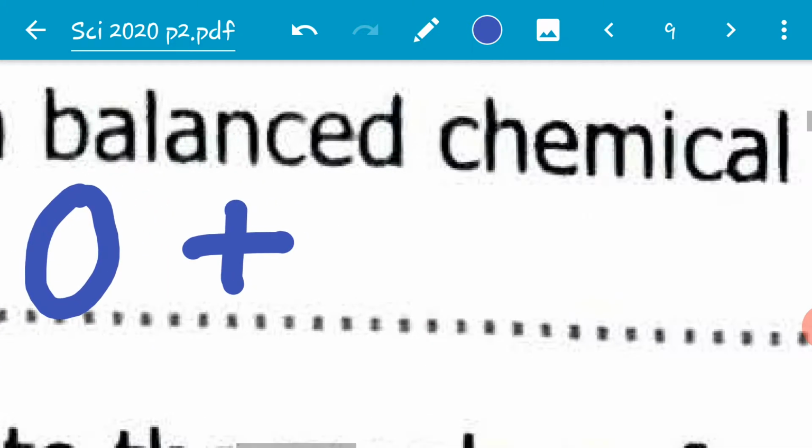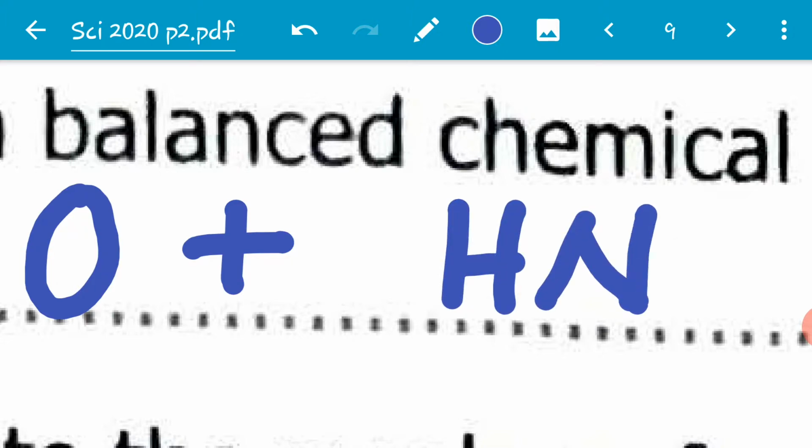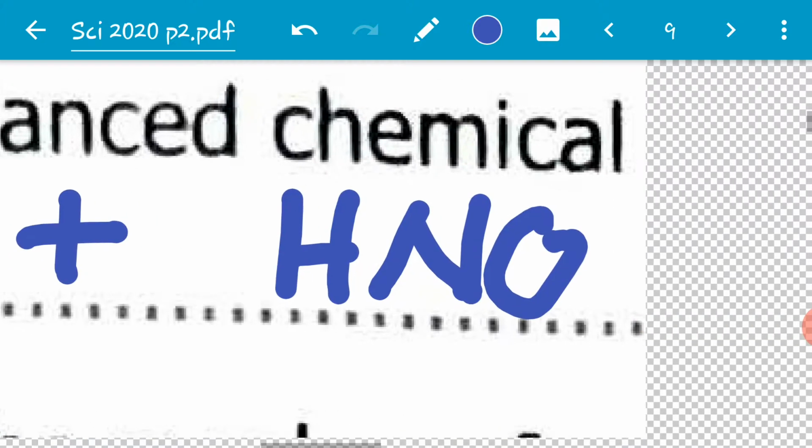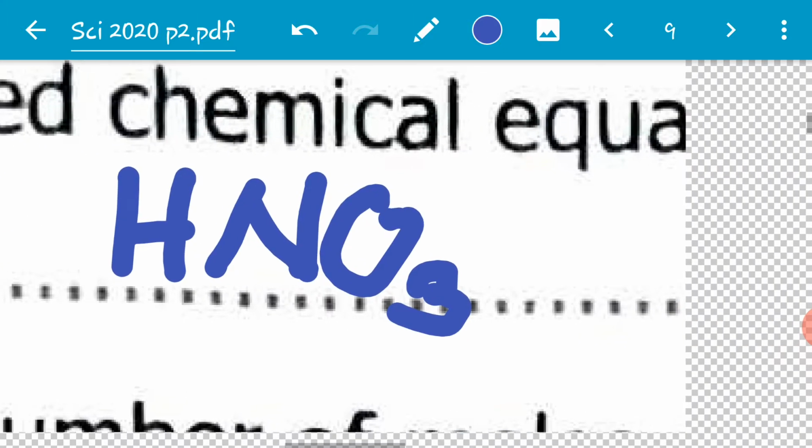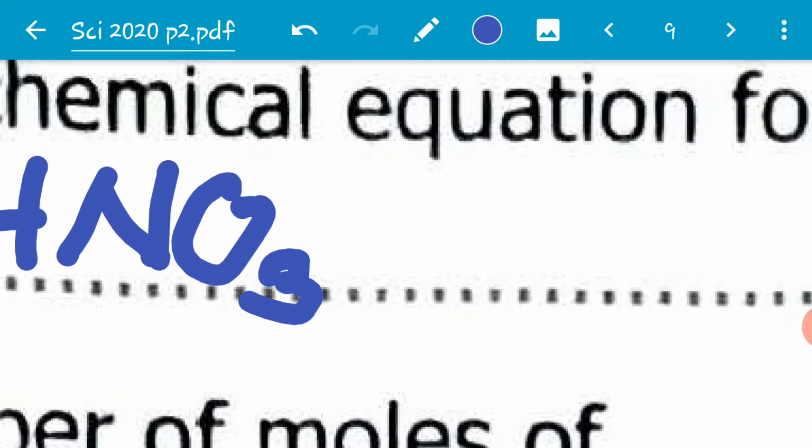So magnesium oxide plus nitric acid. Nitric acid is HNO3. This is nitric acid. Then these are our 2 reactants.